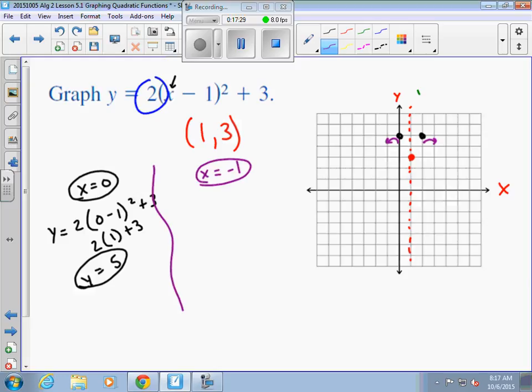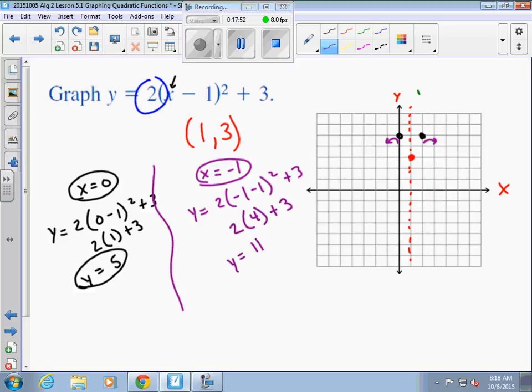We'll run the equation one more time. y equals 2 times (negative 1 minus 1) squared plus 3. Negative 1 minus 1 is negative 2. Negative 2 squared is 4. So we have 2 times 4 plus 3 is 8 plus 3, which is 11.